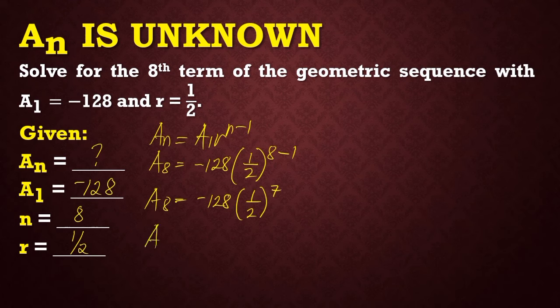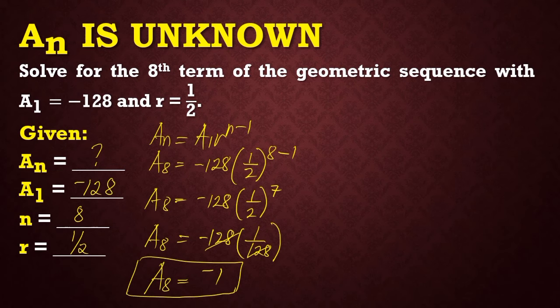And then, negative 128 times, if we raise 1 half to 7, so ang makukuha po nating sagot dito is 1 over 128. Now, we can cancel negative 128 and 128 kasi pareho lang din sila. So, yung GCF nila is 128. And then, a sub 8 is equal to negative 1.